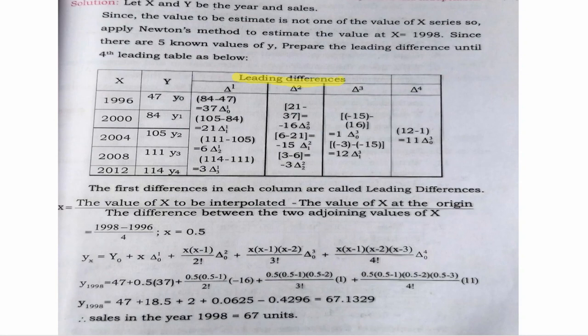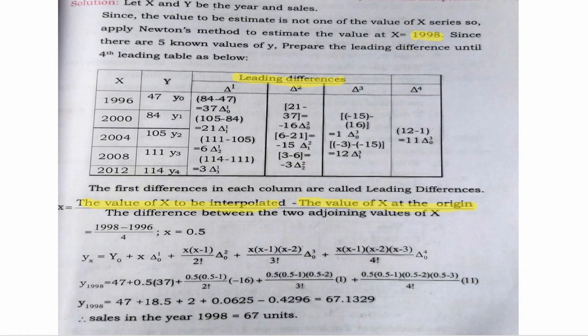Okay, I have already told you the formula to find the x value. x is the value to be interpolated. What is the value we have to interpolate? The interpolated value is for the year 1998, minus the value of x at the origin.